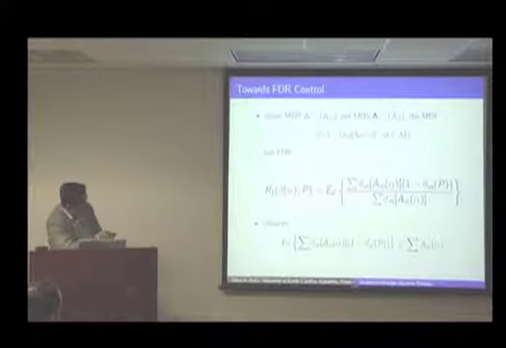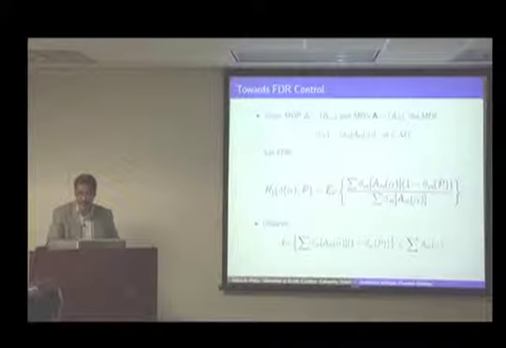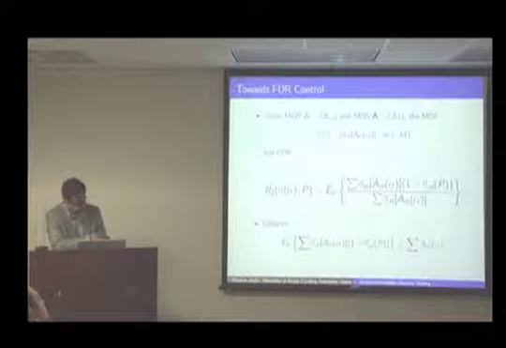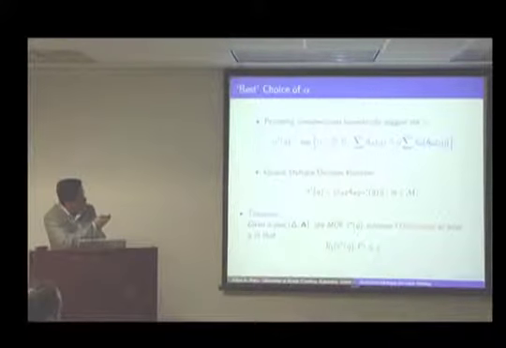If you do this, you could obtain a formula for the false discovery rate, and that is given by this. But you don't know that because you do not know theta sub m, and you do not know P. But again, you could come up with a heuristic here and observe that this expectation is less than or equal to this, and then you come up with an alpha star, which is given by this formula.